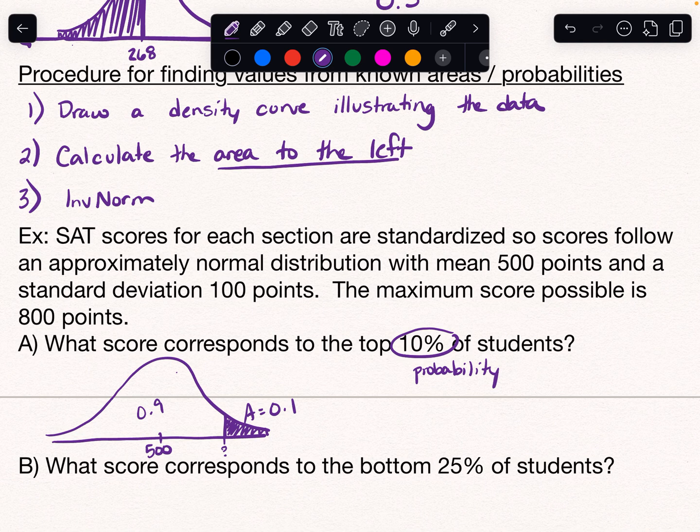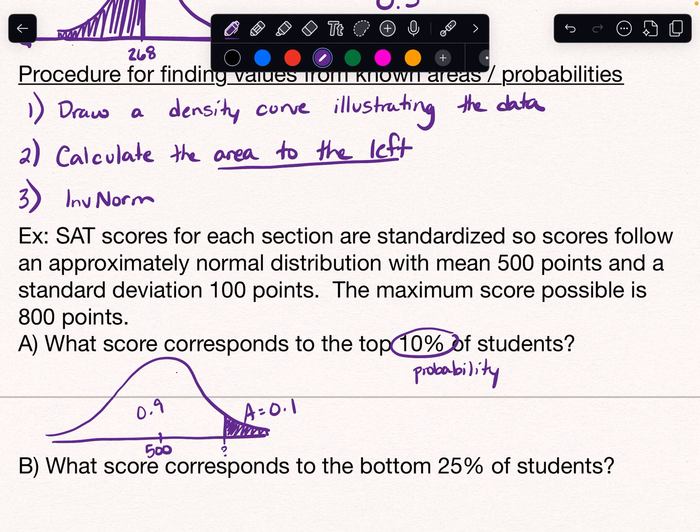Same thing, go to your distribution button. It's your third option down instead of the second option down. My area, I'm typing in as 0.9. My mean is 500. My standard deviation is 100.